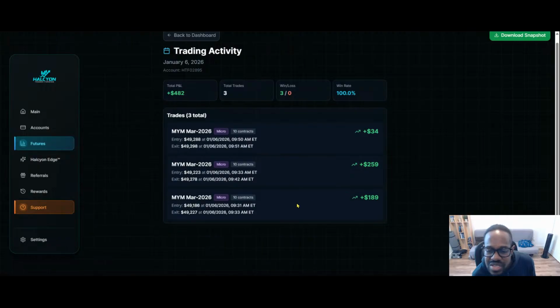The first trade of the day was 189. Second one was 259. Third one was $34. All right. And you see all of the entries, all of our buys, all were perfect. And I was able to maybe stay on those trades, but I'm a scalper here intraday, so I'm scalping the market and getting out, and that's the best thing that you could do here.